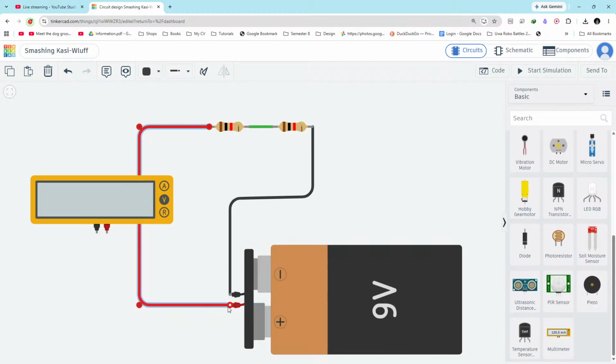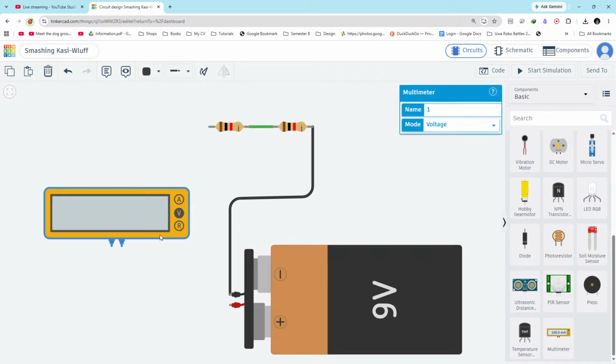right? So we will break open the circuit at a point somewhere here, right? All right, so let's break open the circuit somewhere here. So we have to maintain the same thing, but right now we have to add this device in the middle.